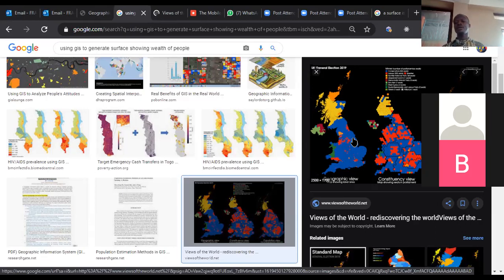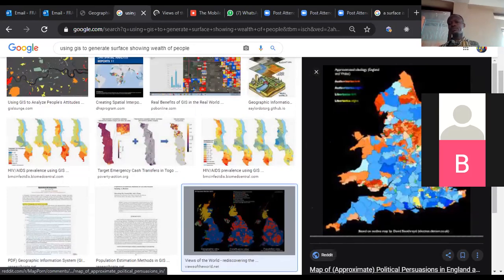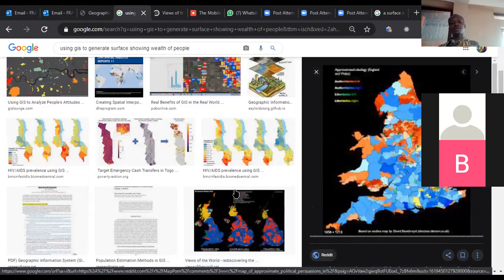The surface we are looking at could be showing the presence of something else. It's a surface, but it's not the actual physical surface that you know. Maybe it's not the best example.